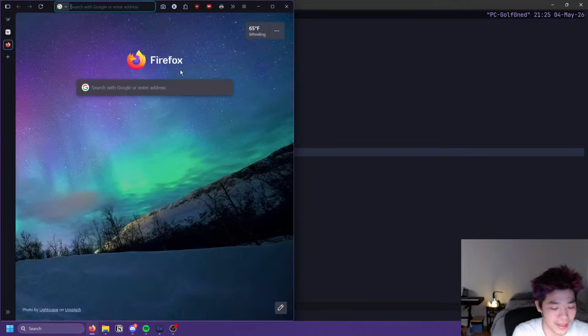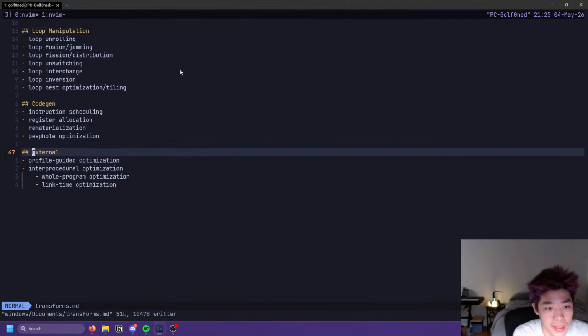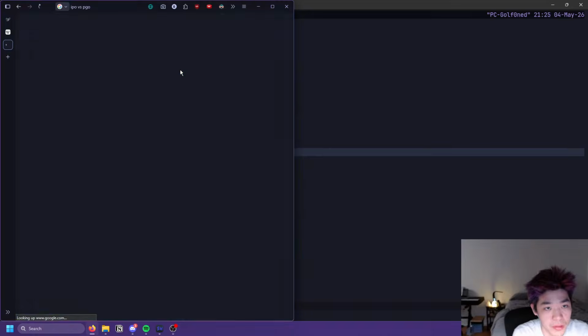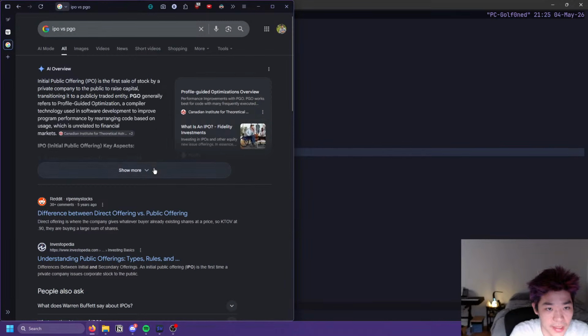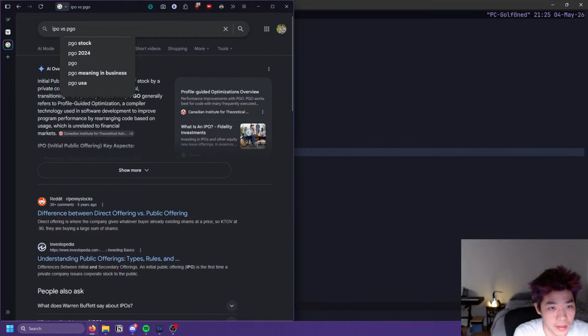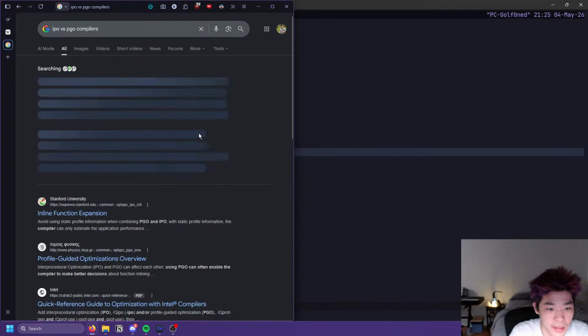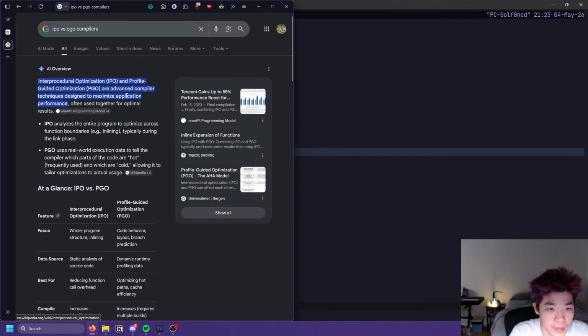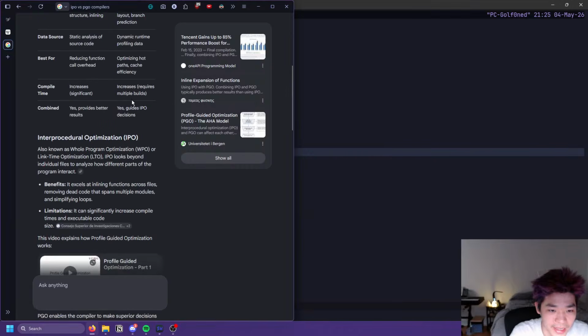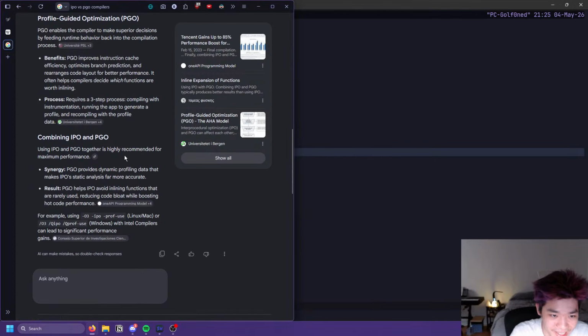Let's Google IPO versus PGO, and let's see what compiler is. Does it try to make a similarity argument here? Let's see. It does not.